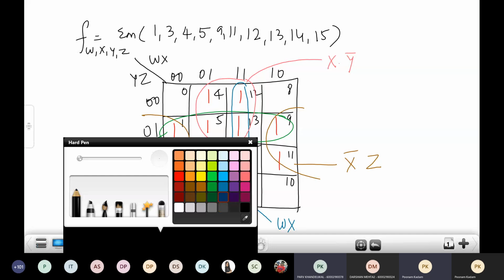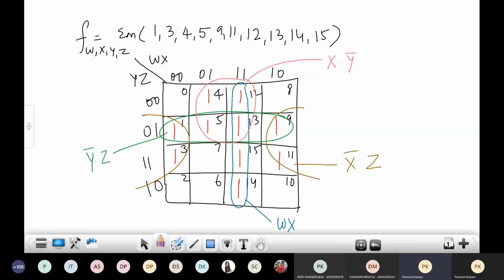Ma'am, now all the ones are covered. Yes, all the ones are covered. But if you just use the trial and hit method, and stop when all ones are covered, how will you determine which groups to use? Although all ones are covered, I can also have a group like this, 9, 11, 13, 15.